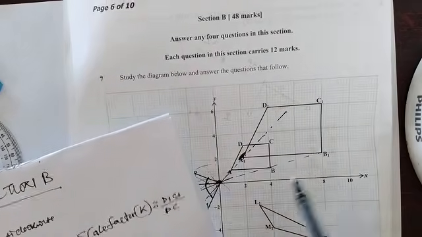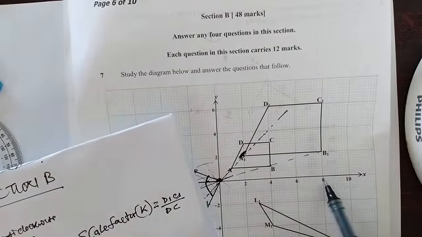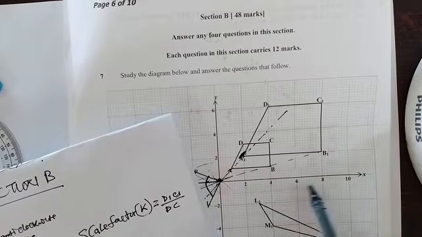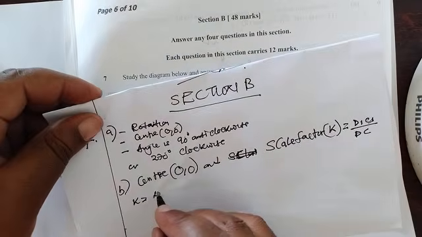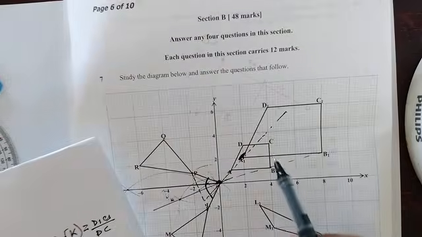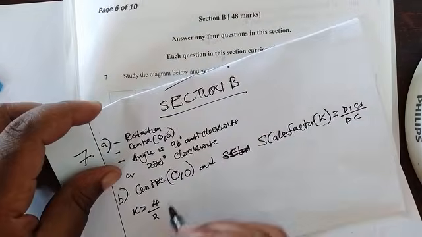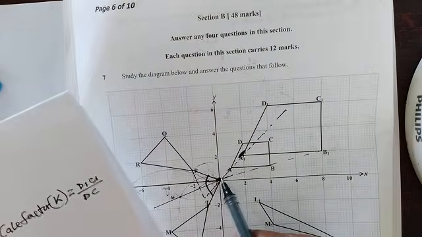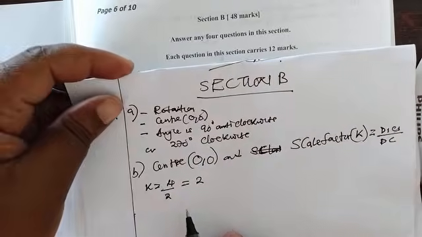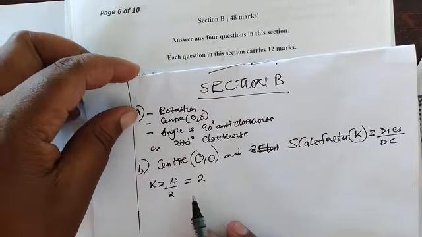You know that this is 4 and this is 8. So you write 4 over 2, and the answer is 2. Why? Because the center is outside, hence the scale factor should be positive.